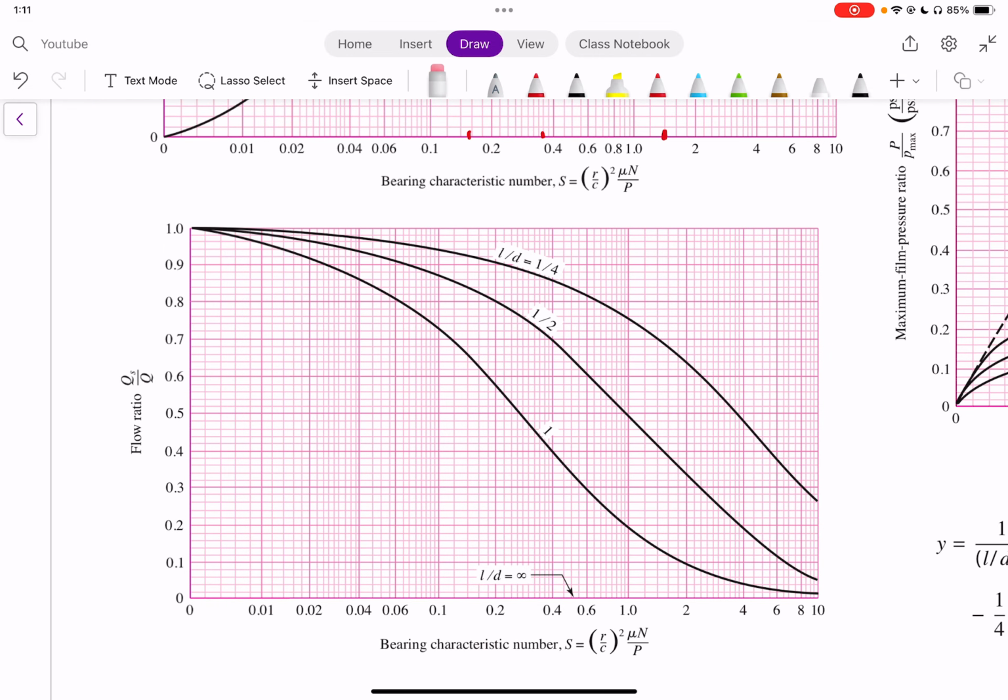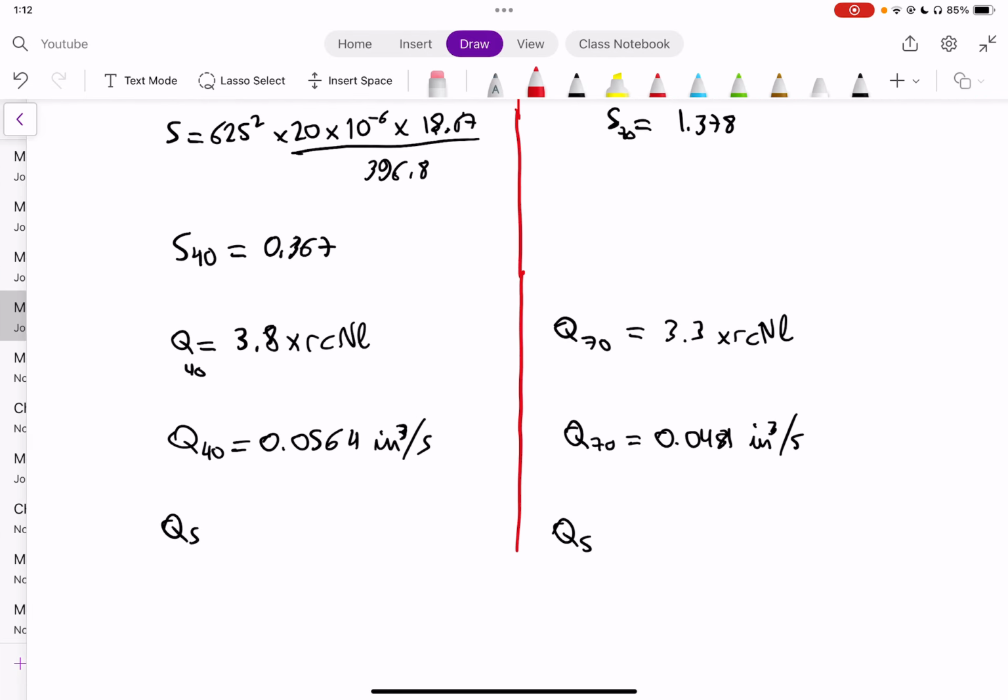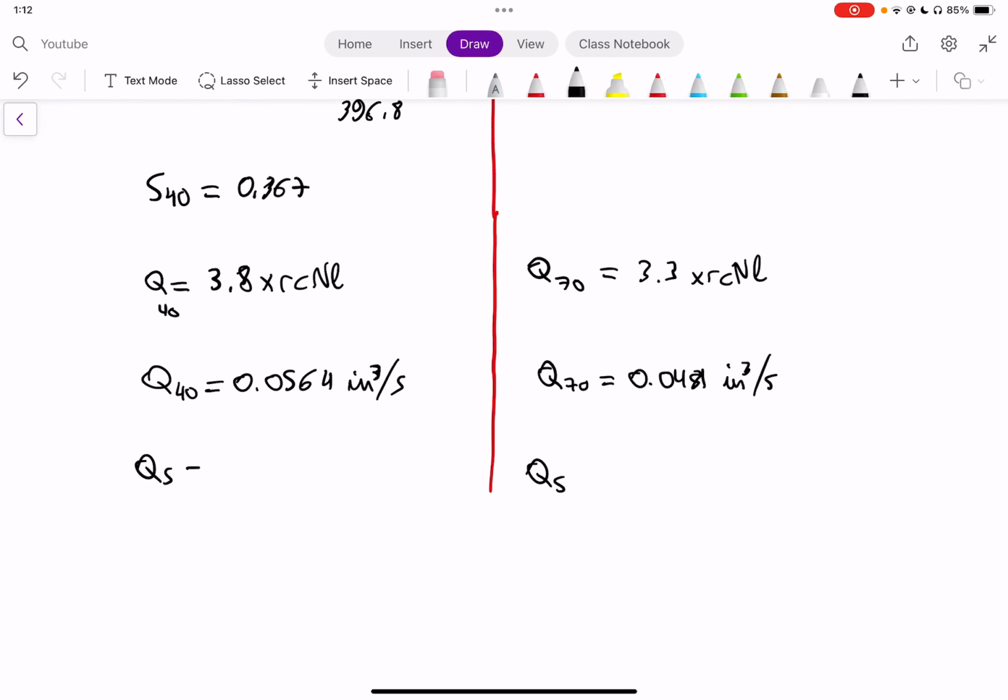For 0.367, if I go up, I get around 0.42 as my value. For 1.378, which is really close to 1.4, I get a value of around 0.14, maybe 0.145, but we'll keep it as 0.14 for now. So QS over Q is 0.42 for SAE 40 and 0.14 for SAE 70.